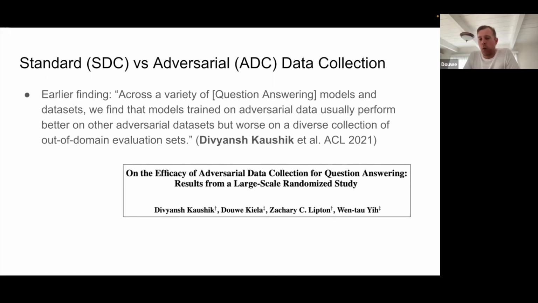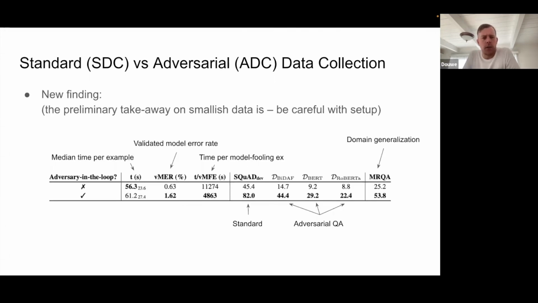So essentially, what we found is that if you do this for 1 round, then standard data collection might be better for generalizing to out-of-domain evaluation sets than adversarial data collection. So we did a similar version of this experiment in this paper with Max, and we actually found sort of the opposite of that finding.